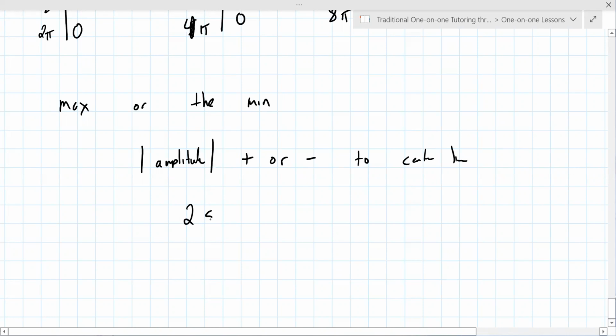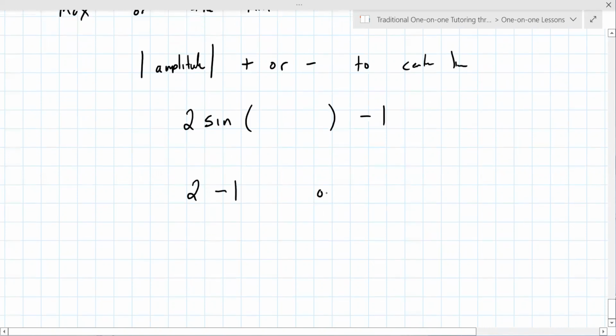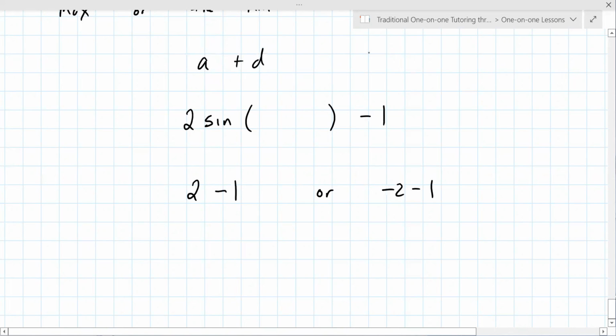Let's look at 2 sine of lots of stuff, minus 1. So it's either 2 minus 1 or you take -2 minus 1. I know I said absolute value of the amplitude. I'll change it to the a value plus d, and negative a value plus d.